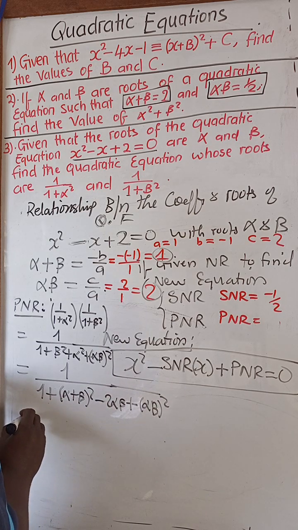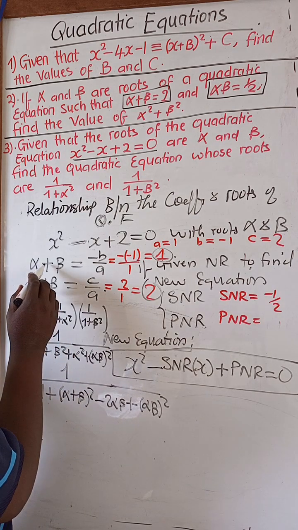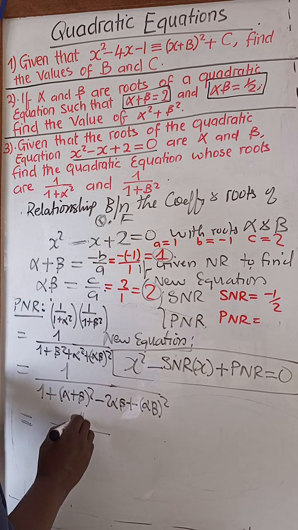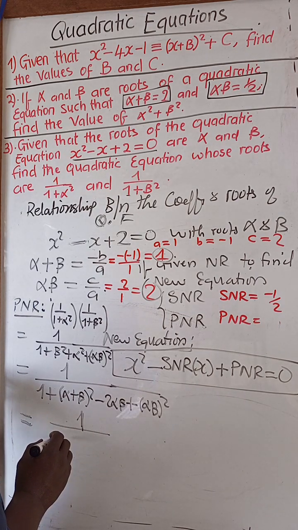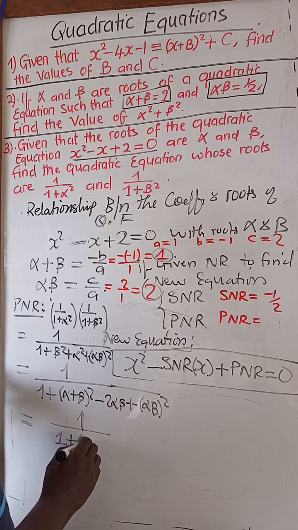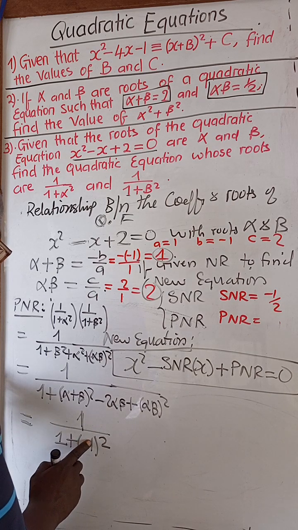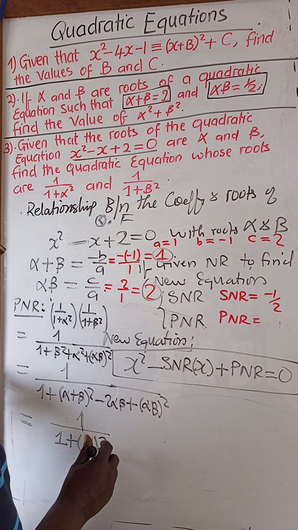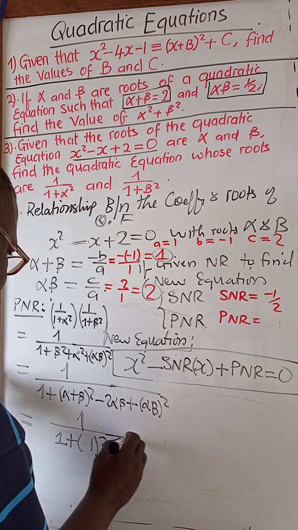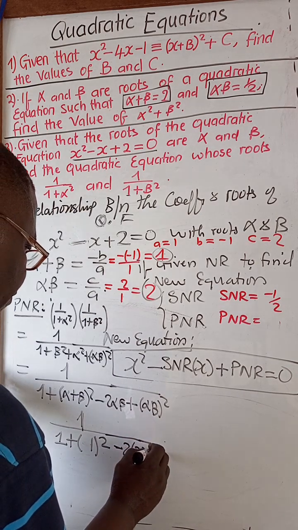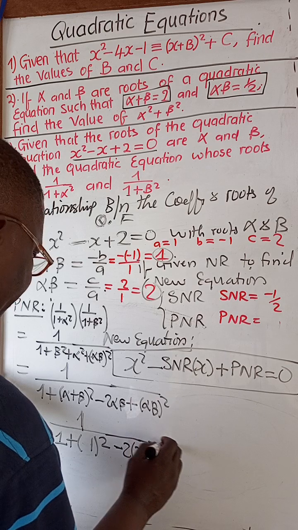Alright, so we have also expressed this in terms of sum and product. So when we have sum, we will now write negative 1, and for product, we'll write 2. So we have 1 all over 1 plus 1 squared. The sum is 1, okay, sum is 1 squared minus 2, product is 2, 2 multiplied by 2 plus 2 squared.